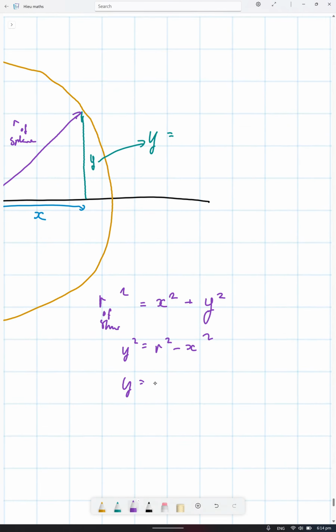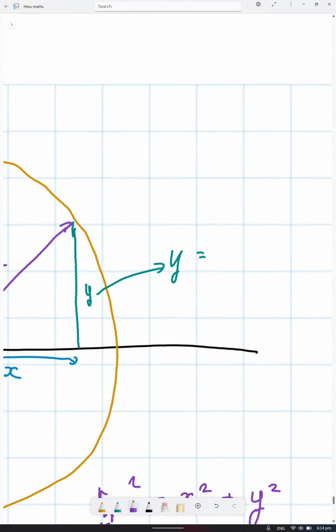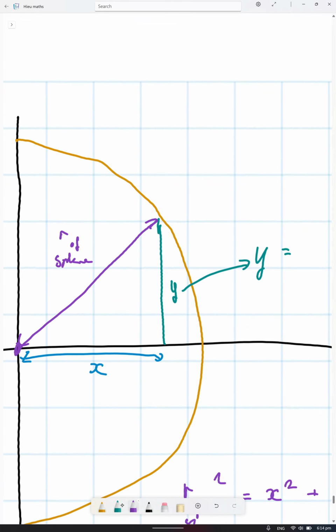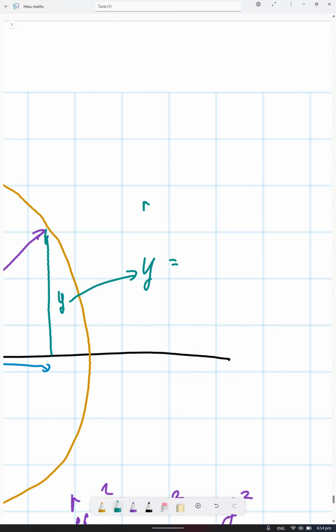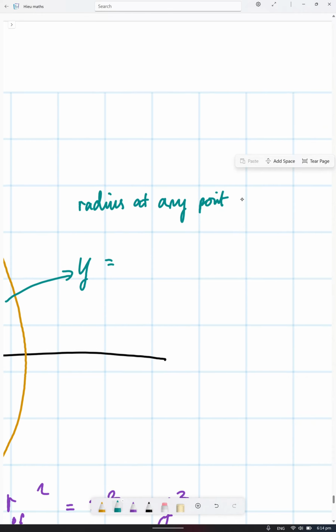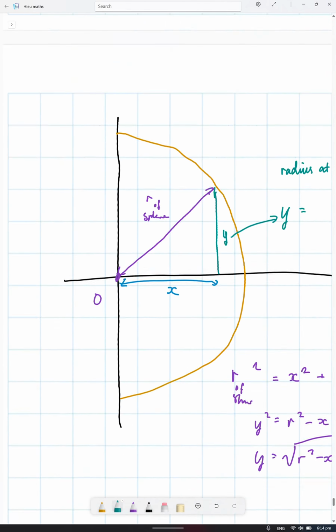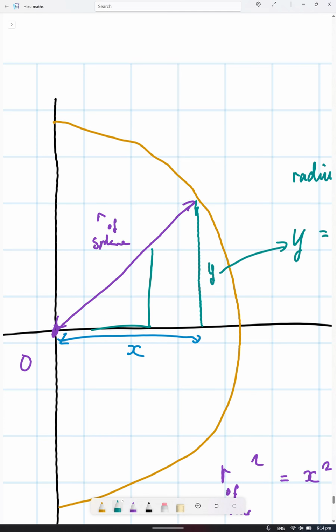And then y would be equal to the square root of r squared minus x squared. So here, therefore, the y, which is the radius at any point x, because if x was here, then this would be y.